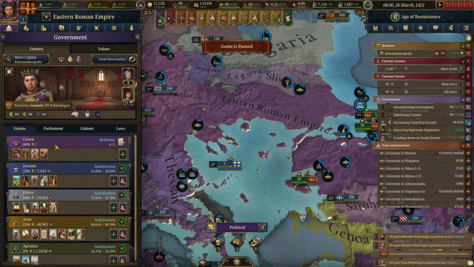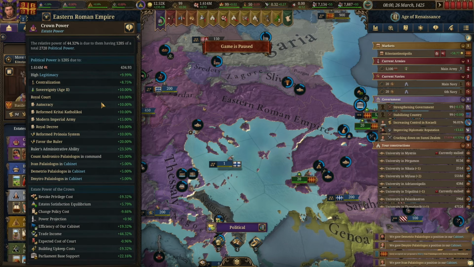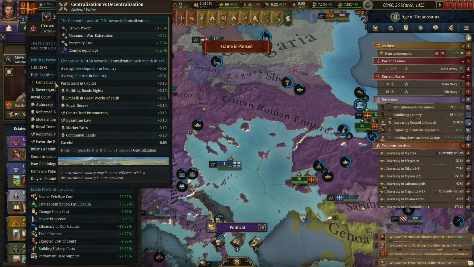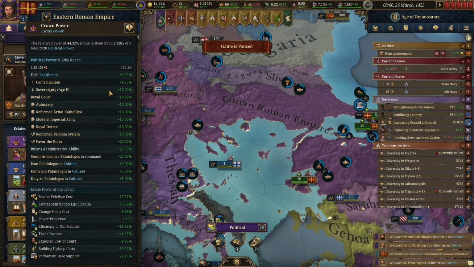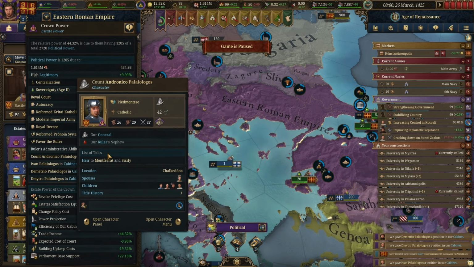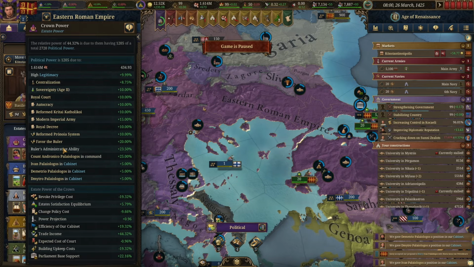When it comes to crown power, there's quite a few ways that we can modify it. There is legitimacy, centralization value, some various research, some buildings like the royal court, which you can build in your capital, and then your reforms and laws, as well as your ruler's administrative ability, where the members of the royal court have positions.